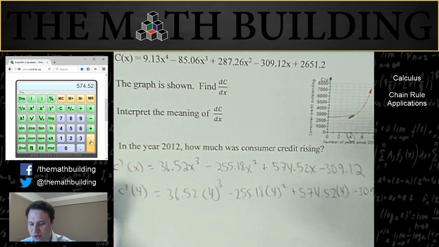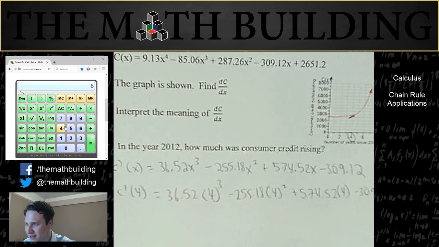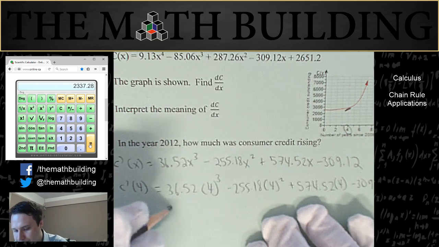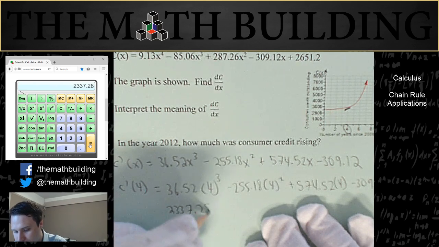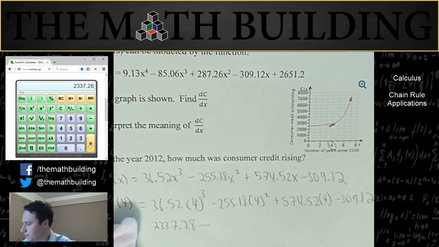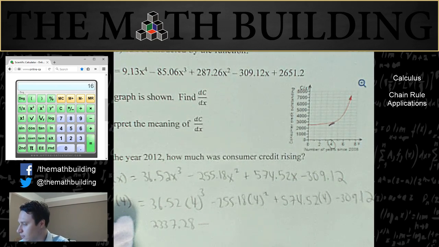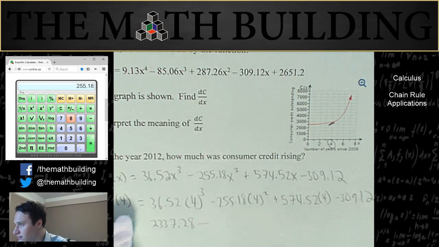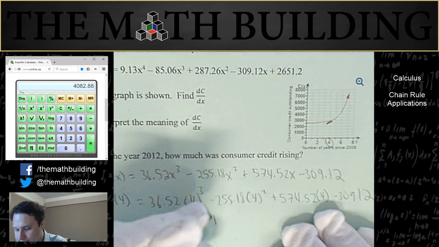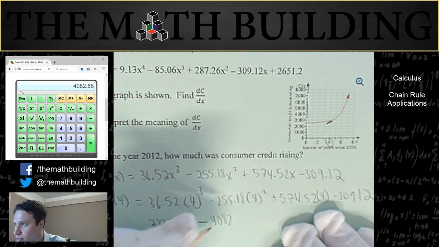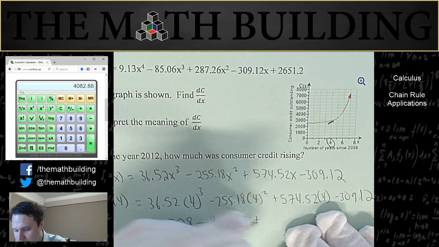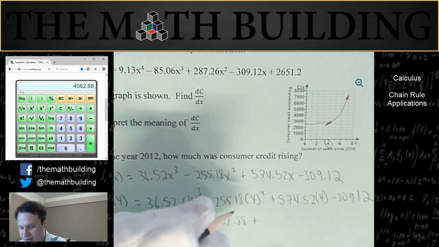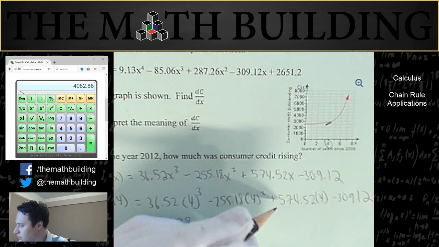So I am going to crunch it really quick. You may want to just skip to the end of the video where I tell you the final answer. 64 times 36.52. 16 times 255.18. 4082.88 plus 574.52 times 4.